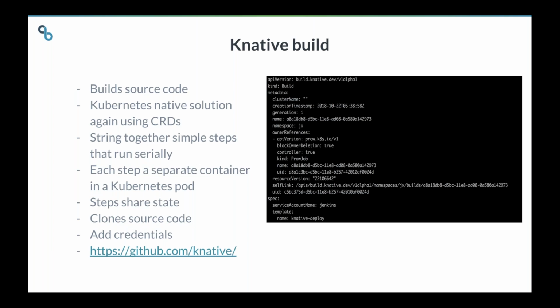You can string together multiple steps and run them serially in a Knative build. It uses something called init containers, which means it's very easy to run these serially. That's probably a bit low level. It also means you can share state between these different steps. Again, at the bottom there's a link to Knative, and we're also working with the Knative Pipeline effort as well.